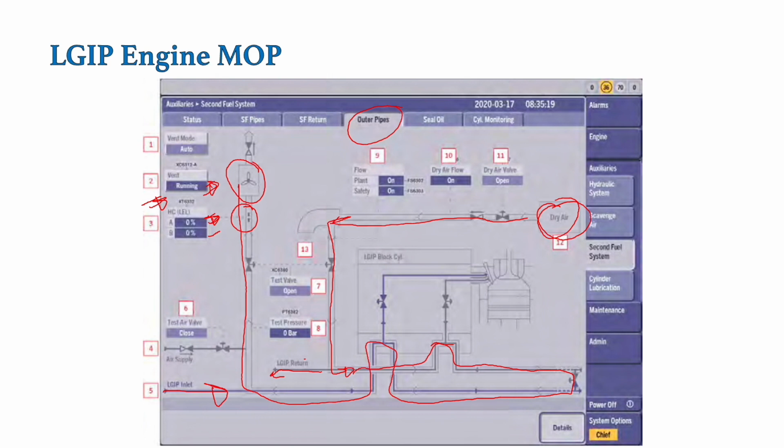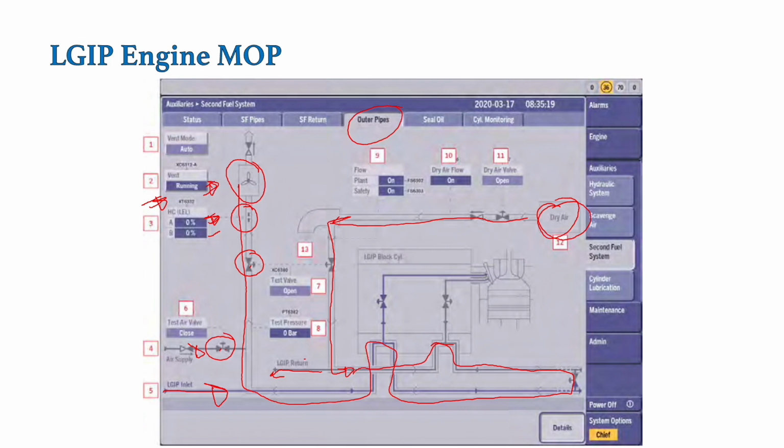Then we have the valves for carrying out the testing of this double wall piping, as you can see over here. So 7 bar air is supplied from here, and with the help of these two valves the double wall piping is tested from the deck to the engine room, and from the engine room to the deck.